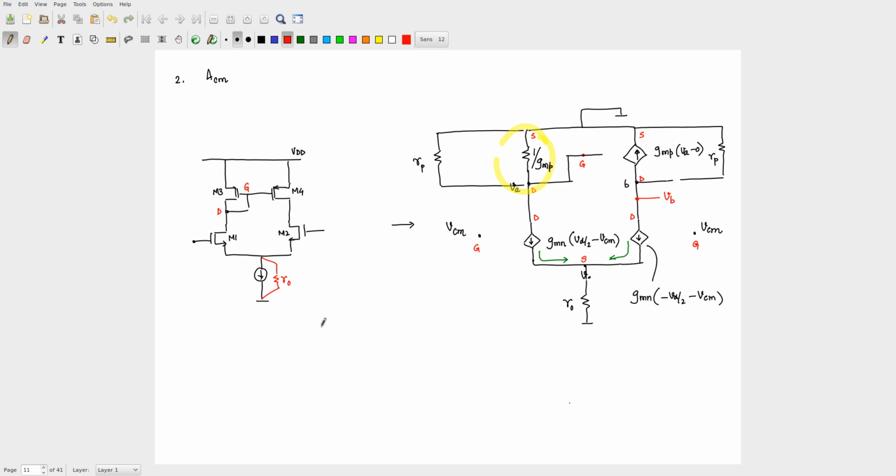Let's start as earlier, and let me find out what VS is first. In order to find out what VS is, I'm going to look at the tail node. What do I have? Again, I have one current entering. That current is GMN into, oh sorry, I'm wrong here.